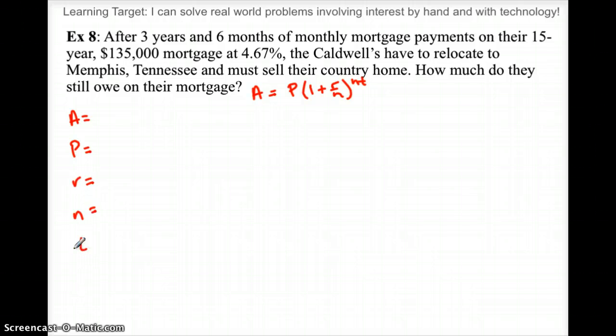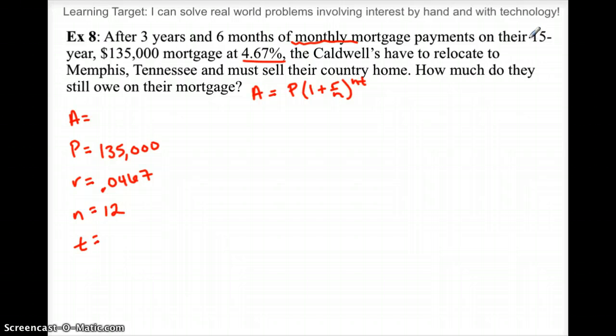Let's talk about the values that I know. I know that the loan amount was $135,000. I know that the rate converted, moving the decimal 2 places, is 0.0467. Since it's monthly payments, N is 12. Now I'm given 2 times, 3 years and 6 months versus 15.